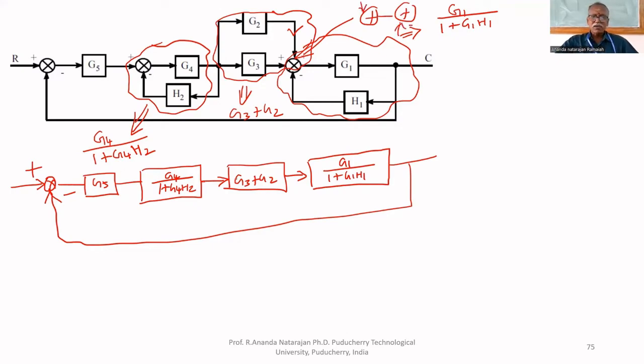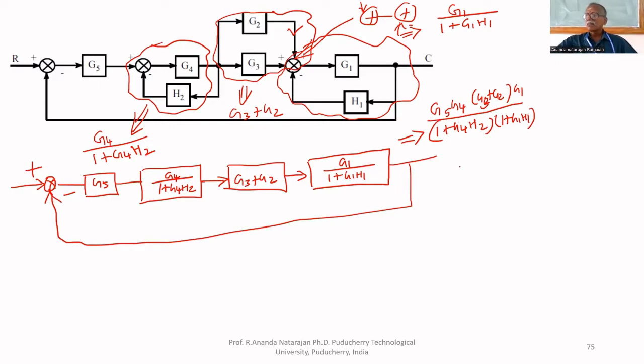So now we can multiply all these together. This is equal to G5, G4, G3 plus G2 multiplied by G1 upon 1 plus G4H2 multiplied by 1 plus G1H1.